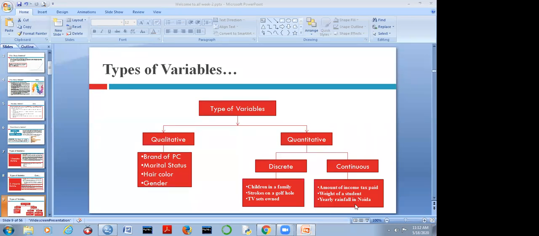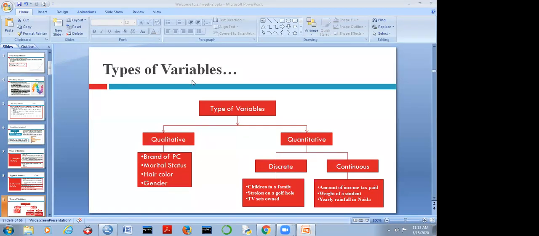Yearly rainfall in Noida is also counted in ratio or fraction. So in a discrete variable no fraction value comes, in simple language. In a continuous variable, you take the scale, the fraction, the ratio, any other type of data. And these are the examples of variables.